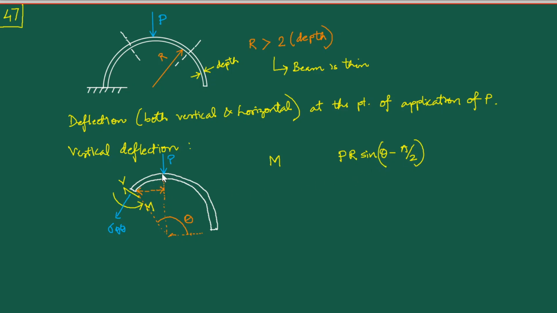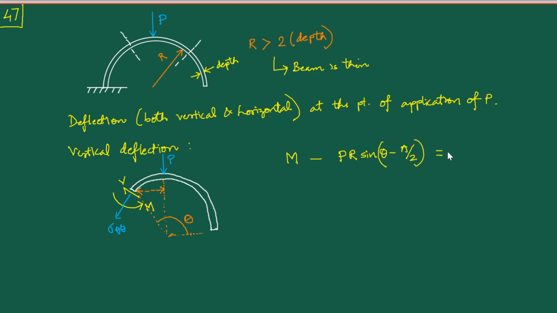and the sense of it is opposite to this bending moment M. This M is in the anti-clockwise sense, and the contribution to the moment from this force P will be in the clockwise sense.